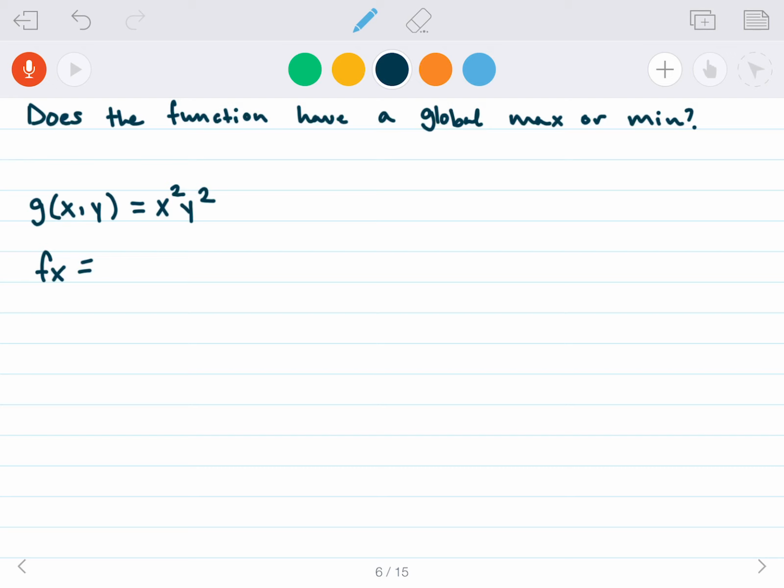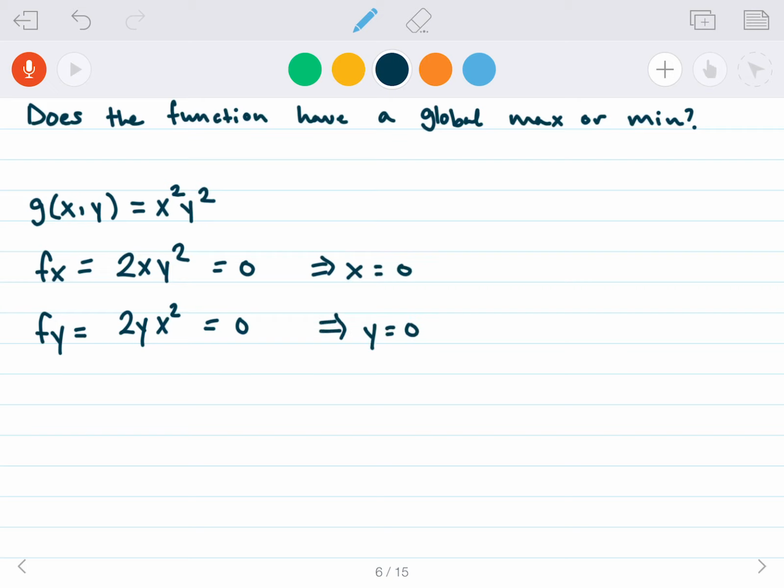The partial derivative with respect to x is 2xy squared. Partial with respect to y is 2yx squared. If we set these equal to 0, we get x is 0, y is 0. Plugging 0, 0 in here, I also get that z is 0.